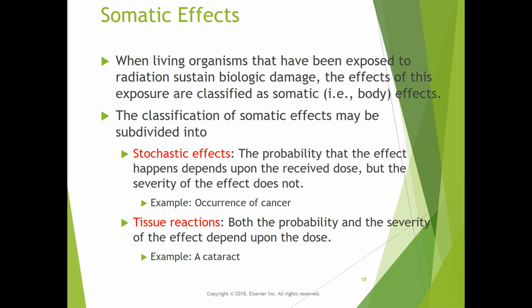An example of a stochastic effect is cancer, and an example of a tissue reaction is cataract. Okay, so look at this sentence by tissue reactions. It says both the probability and the severity of the effect depend upon the dose. So depending on what the dose is, how much more severe your cataract would be.